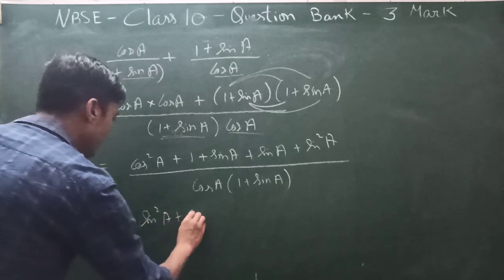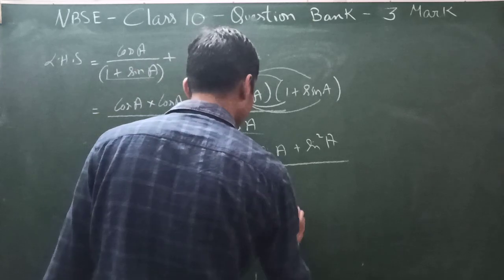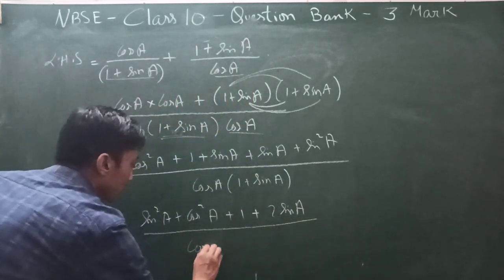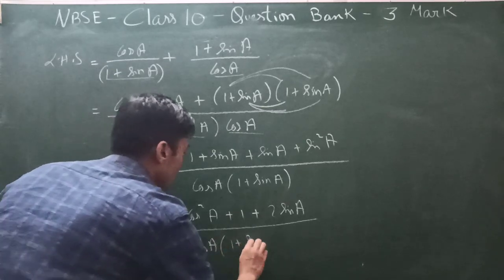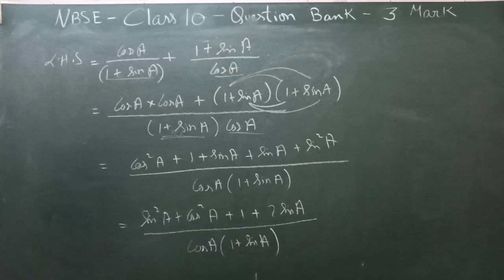Nothing much, I'm just arranging. Cos square a plus sine square a plus 1 plus 2 sine a, all divided by cos a into 1 plus sine a. Got that? Those who have not finished, you can pause the video there and write it down. Done? Okay, I'm rubbing it off.